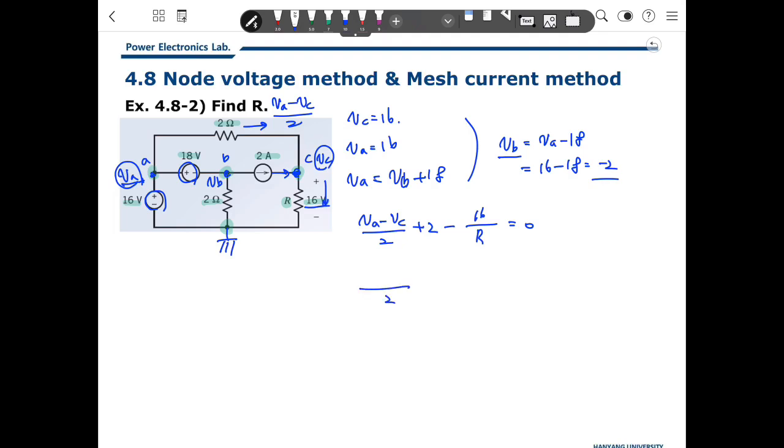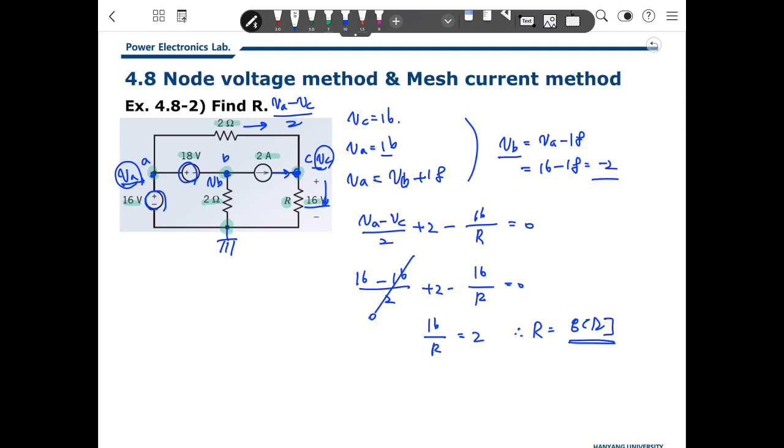So adding VA is 16 and VC is 16, 16 minus 16 plus 2 minus 16 over R is 0. So 16 over R will be 2, therefore R is 8 ohm here. This is a way to calculate R using the node equation, the node voltage method.